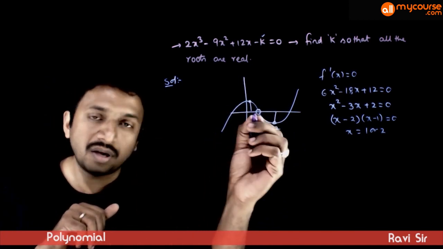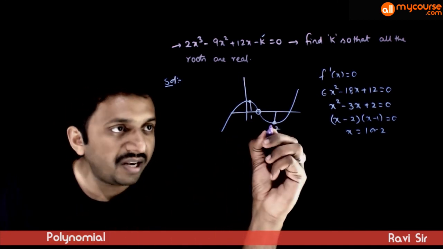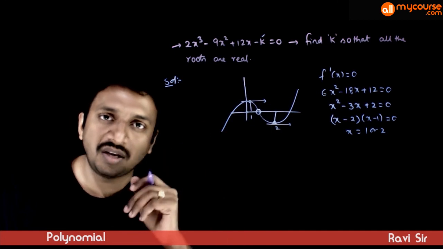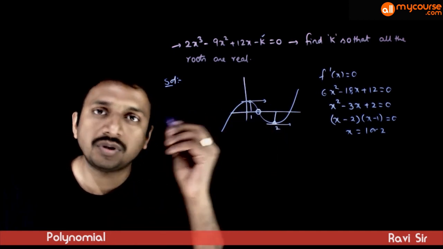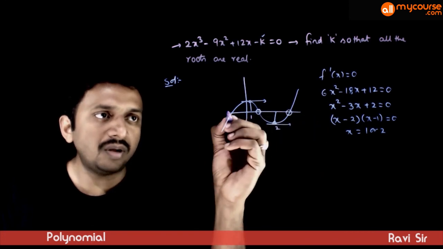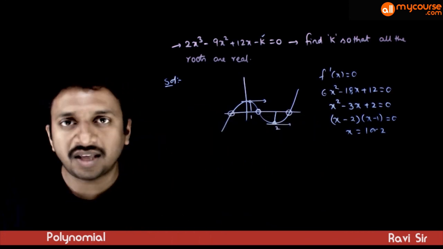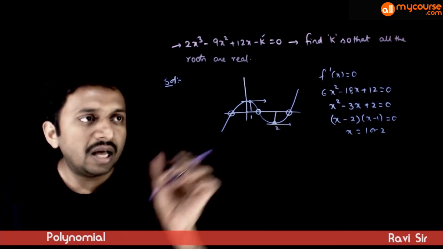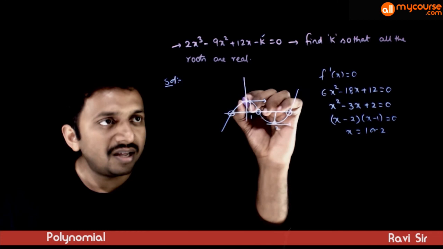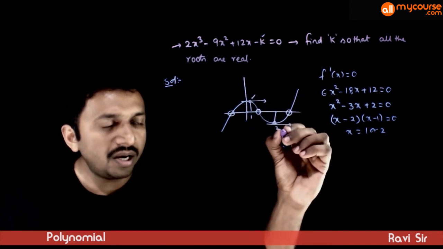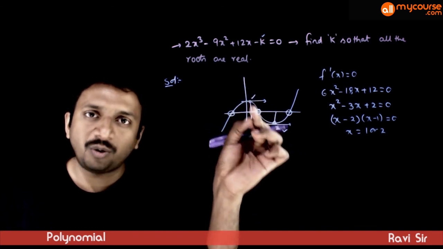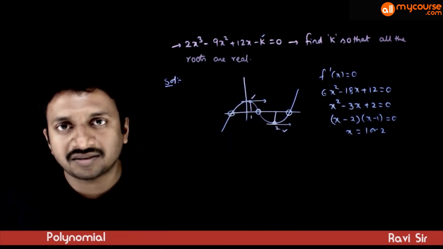Between these two, you have one root, because between any two consecutive roots of f dash of x equal to 0, you can have at most one root. And after this, you can have one root, and before this, you can have the other root. Now, for all the 3 roots to be real, the simple condition is that at x is equal to 1 and at x is equal to 2, the functional values have to be of opposite signs.